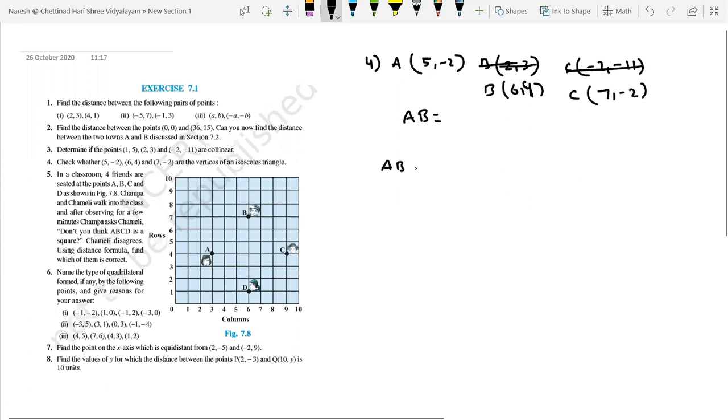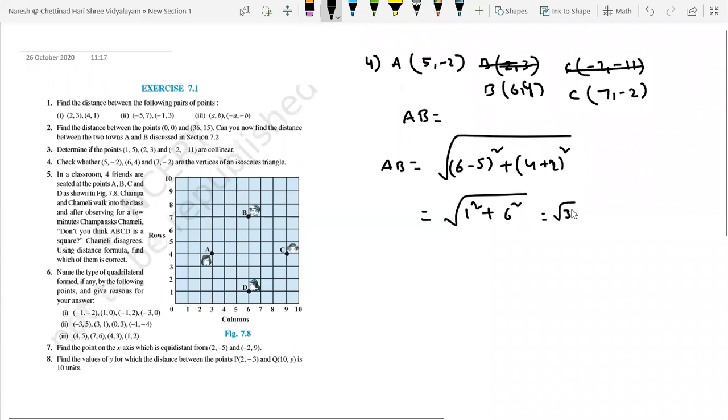So first we will start by finding the AB value. AB is root of 6 minus 5 whole square plus 4 minus of minus 2, so 4 plus 2 whole square. 6 minus 5 is 1, 1 square plus 4 plus 2 is 6 square. This is root of 37.